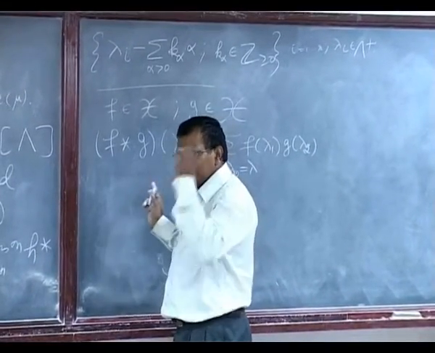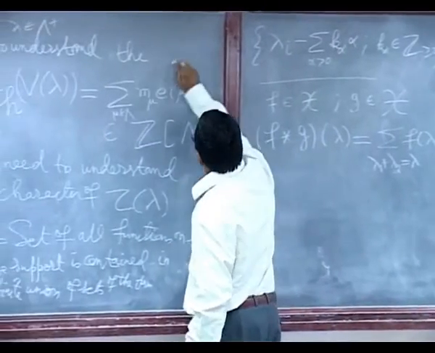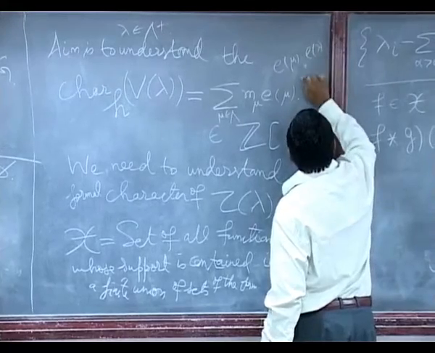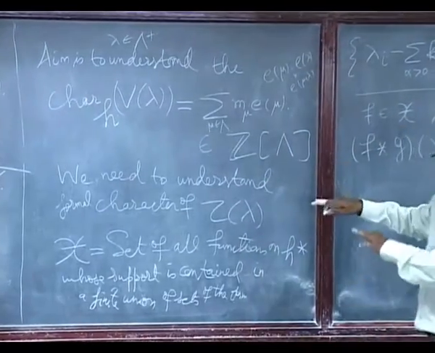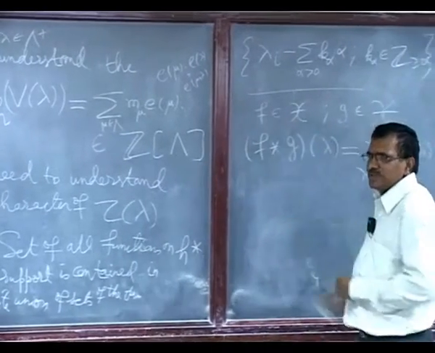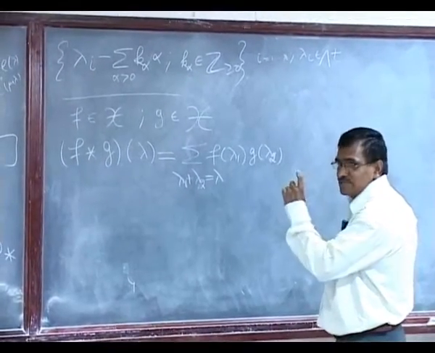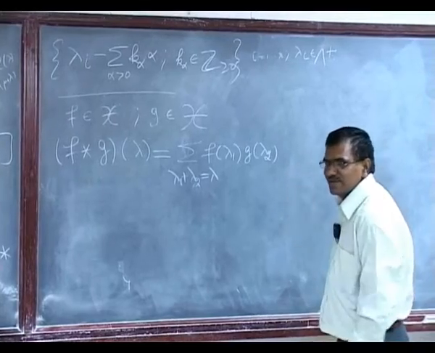Note that E of mu into E of lambda is E of mu plus lambda. Do not confuse, there is an addition already here. So, that is multiplicative, and the elements of lambda itself form a basis.